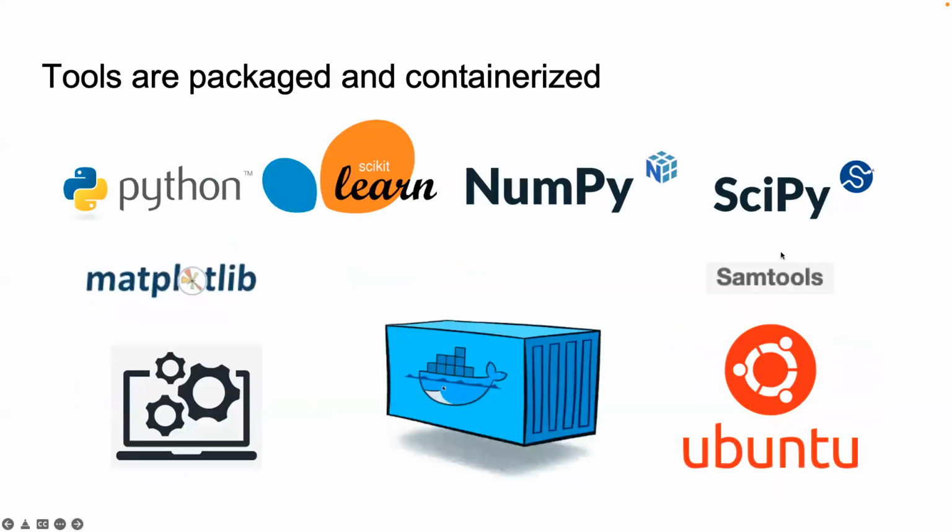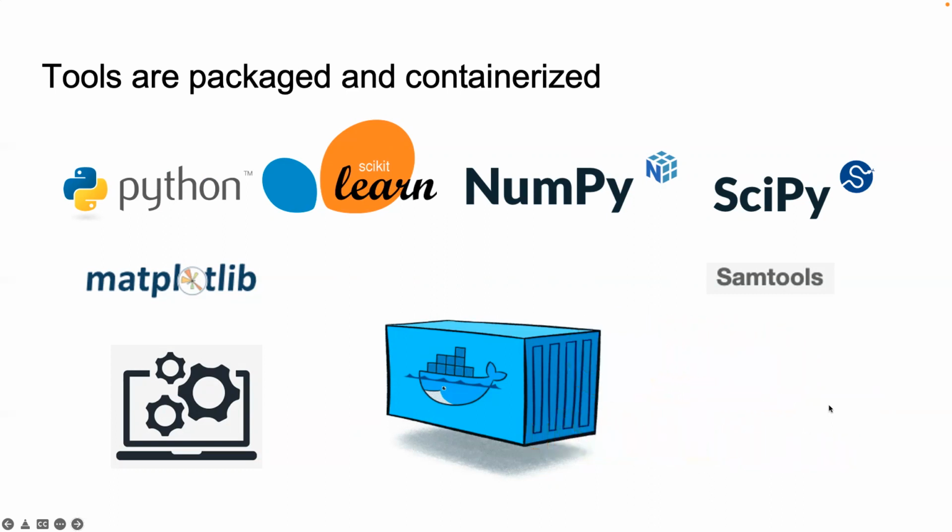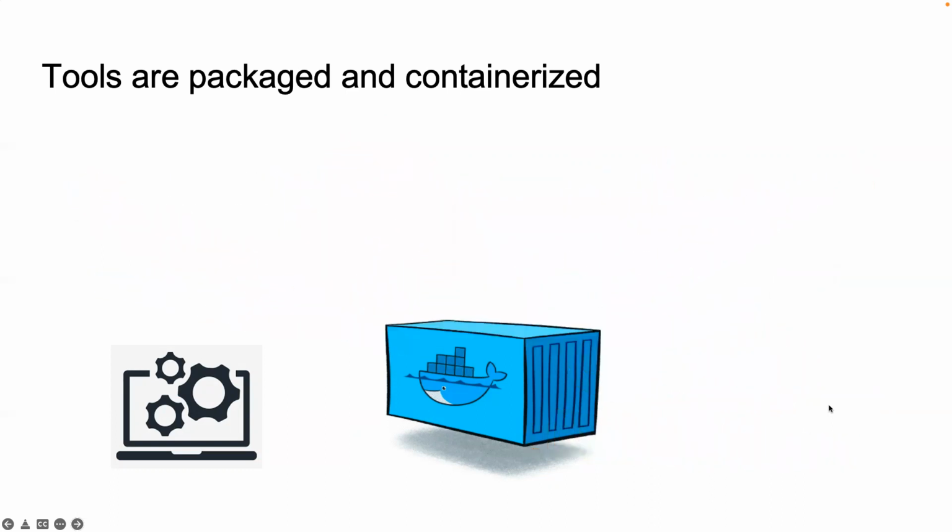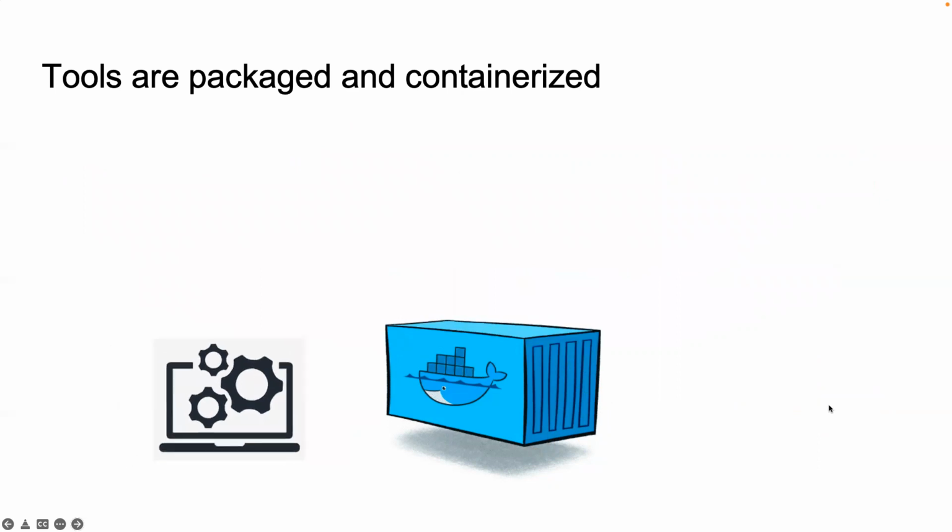And to dive a little more into each tool, first, for reproducibility, we use Docker to package and containerize the tools. We are aware that different tools require different dependencies to be installed, and this can be frustrating when we want to run different tools. With Docker, we're able to create an isolated environment for the tools where we include the operating system, all the dependencies and packages to be installed, and finally, the tool itself.